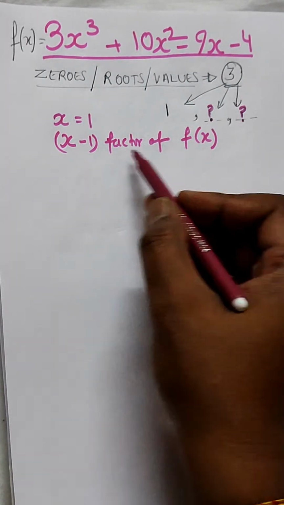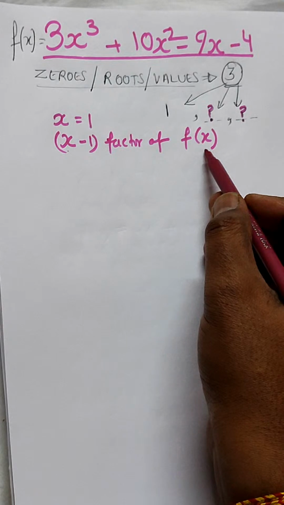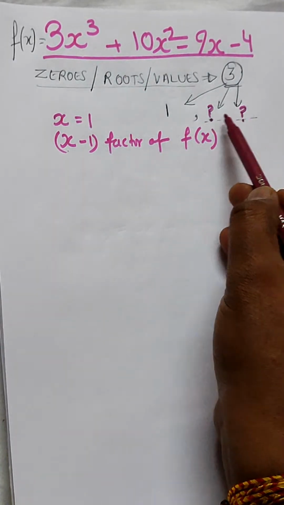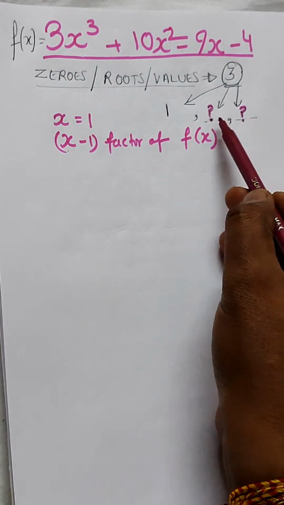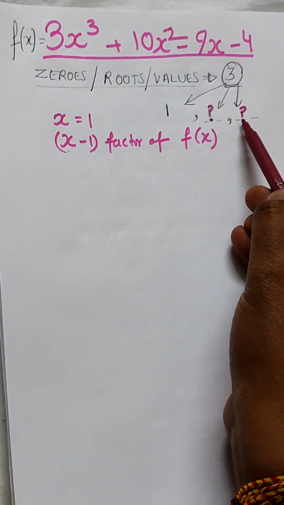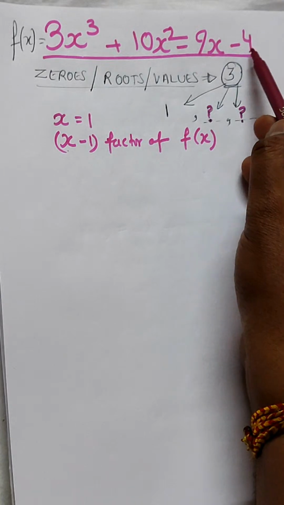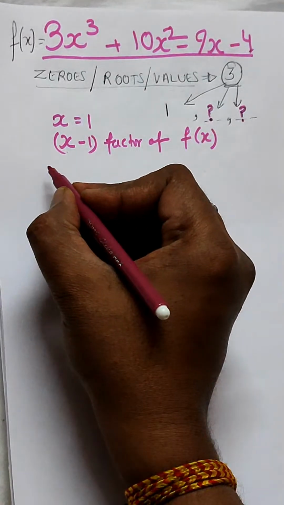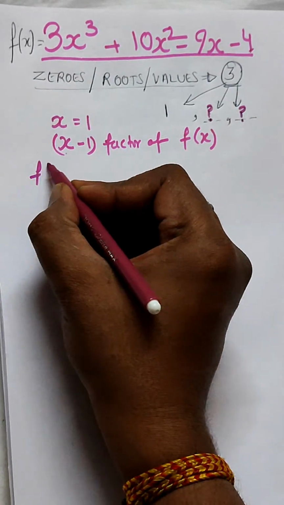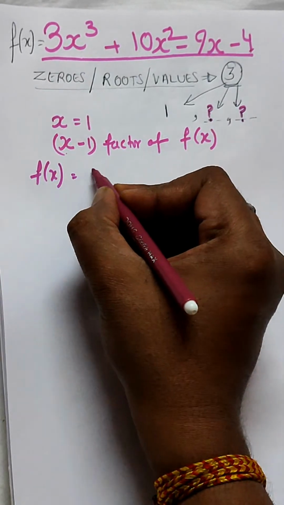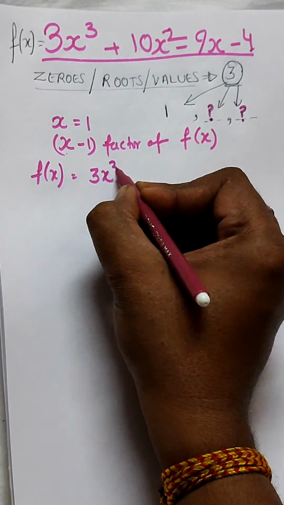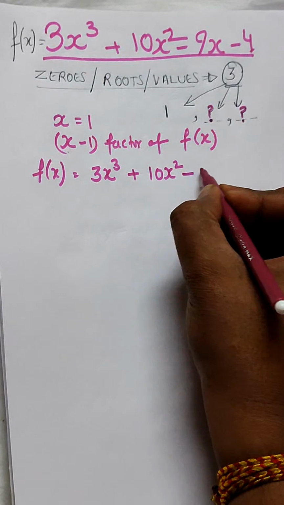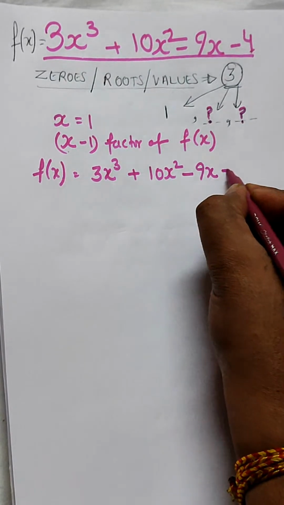Now, since this is a factor of f of x, let us find these 2 zeros, right? For this, what will we do? Take this constant number 4. So I am writing f of x, our polynomial as given in the question, 3x cube plus 10x square minus 9x minus 4.